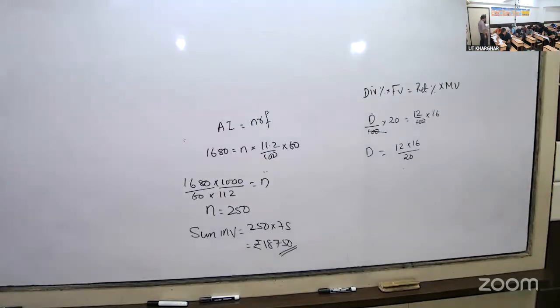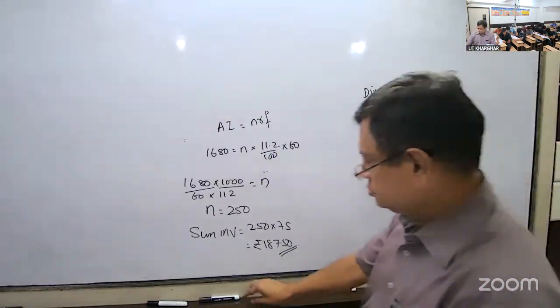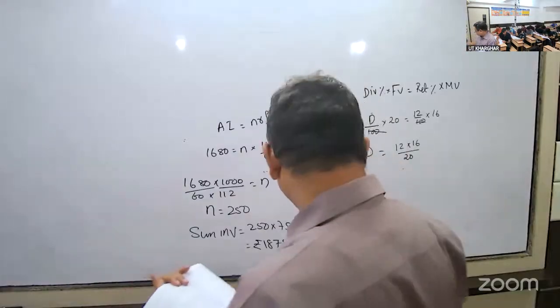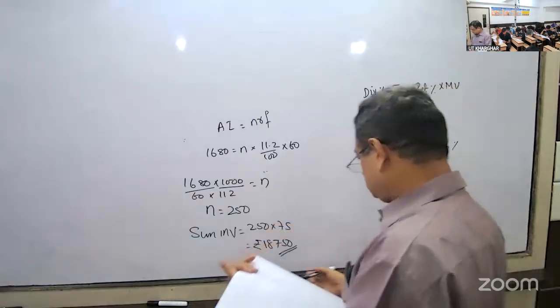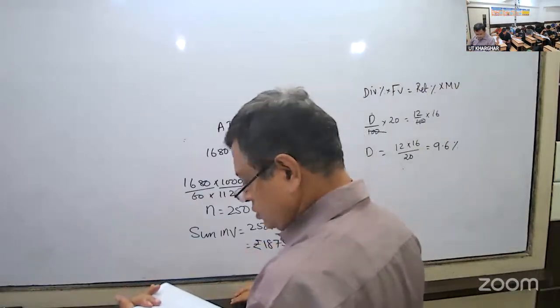Answer. Is it 12%? 9.6. Cancel 2 and 12; 8 sixes are 96 by 10, 9.6 percent.